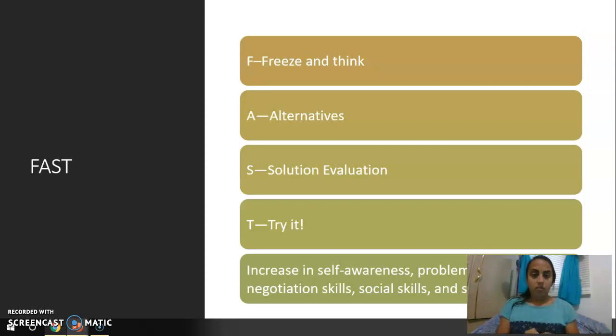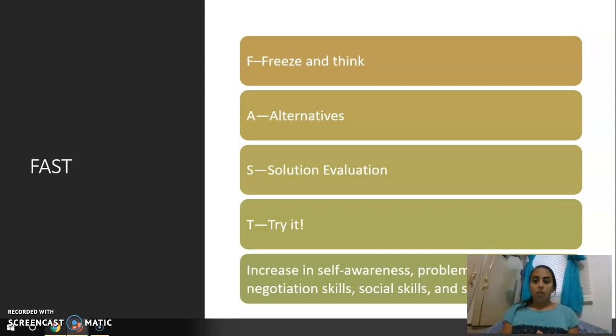So this is to help students stop and think about different solutions to any problems they may be having. The first one, freeze and think, is just stopping and thinking for a moment of what the problem is, and then A, alternatives, is coming up with all the different possible solutions, even if they are not feasible.